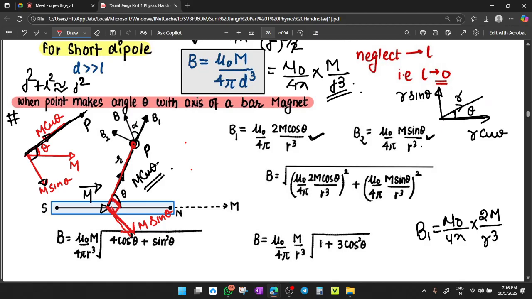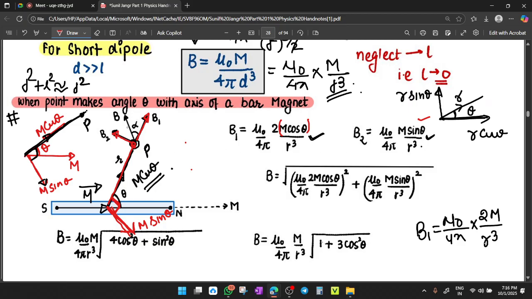Agree or not agree? So B1 is in the axial direction and B2 is the other. So finally we have two components. For m cos theta, the B1 part equals mu naught upon 4 pi times 2m cos theta by r cube, and B2 equals mu naught upon 4 pi m sine theta by r cube. Done?